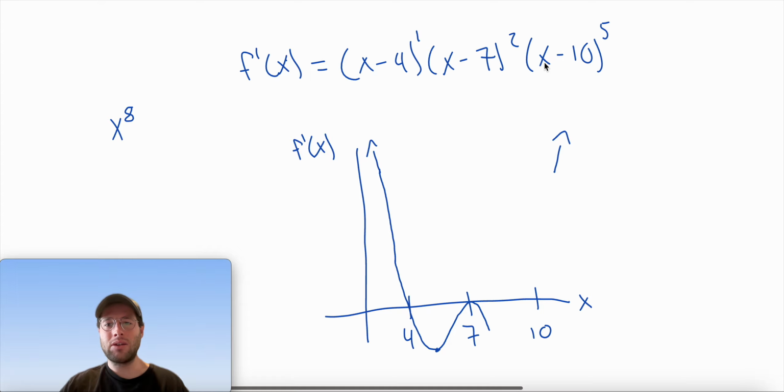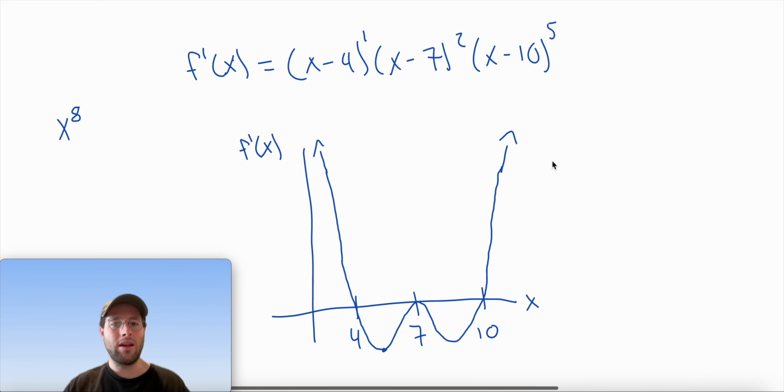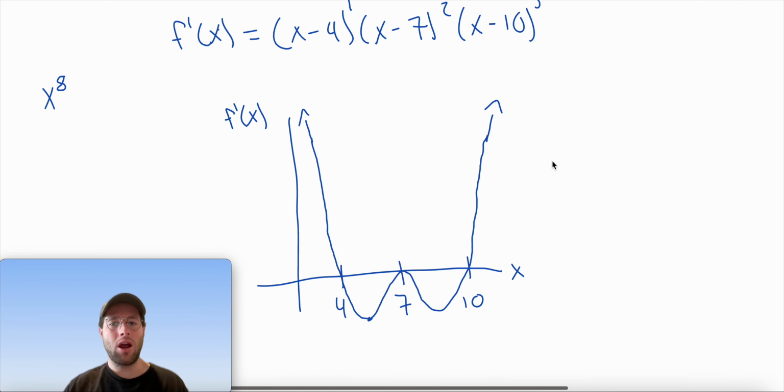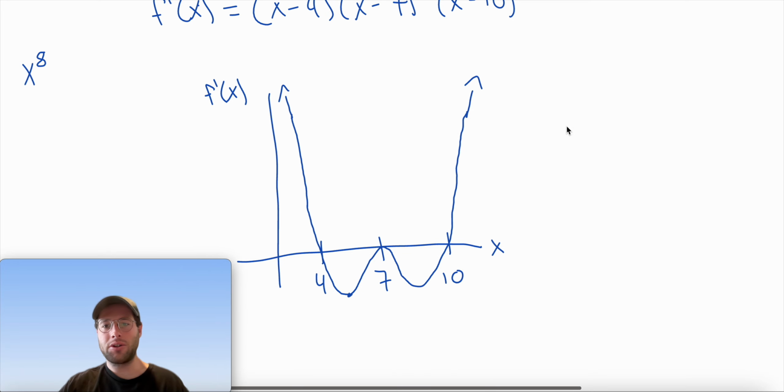And then at x equals 10, the multiplicity is odd, so we're going to come back up and cross through the x-axis at 10 and go up here. So this right here is a rough sketch of our f prime of x function, and from this we can now make a rough sketch of the f of x function.